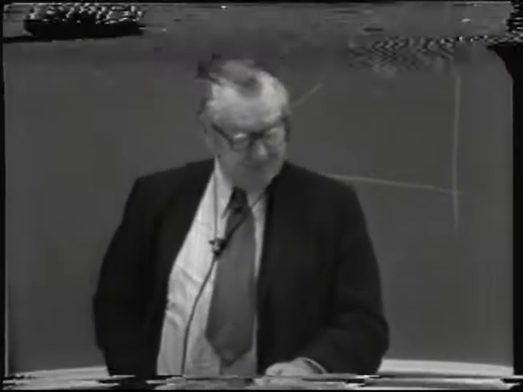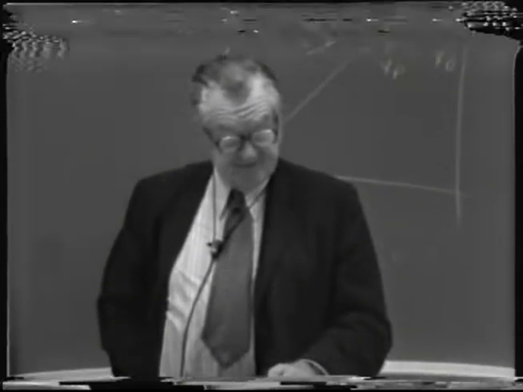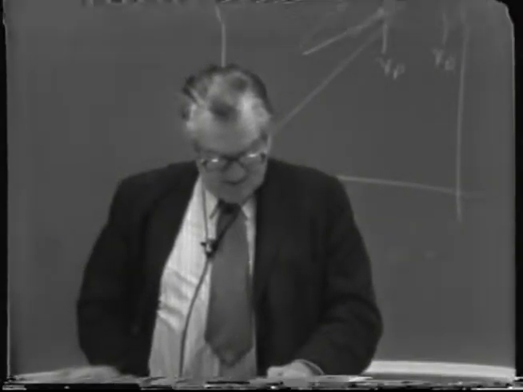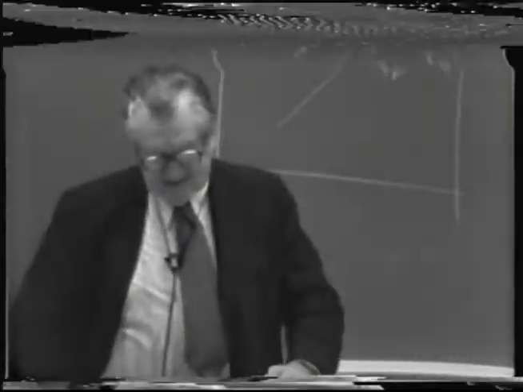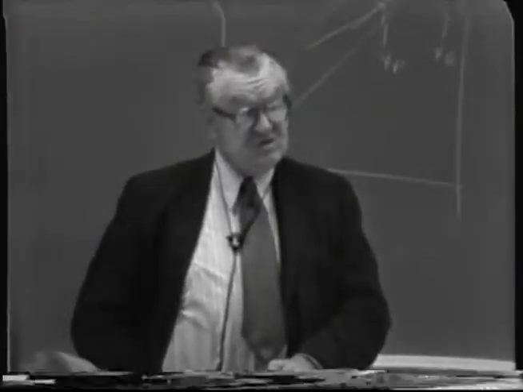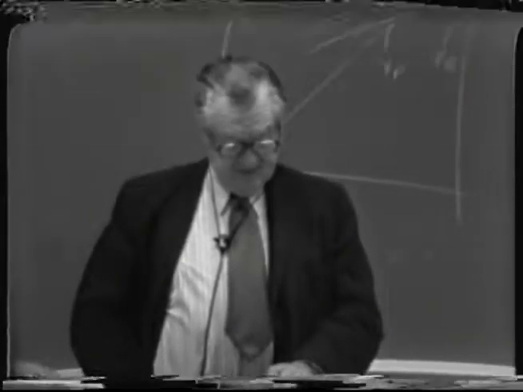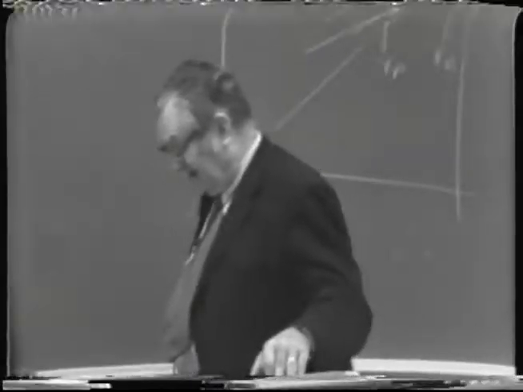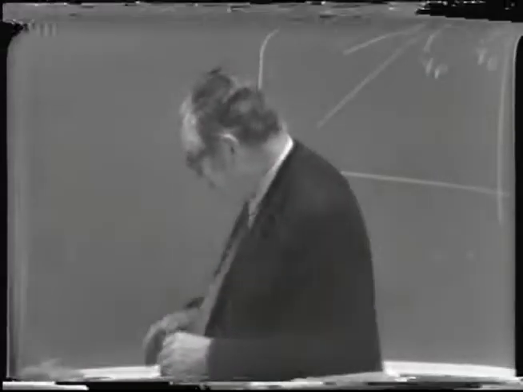The absolute temperature on a Fahrenheit scale, on the absolute scale using the Fahrenheit scale, or degrees Rankine as it's called, is equal to degrees Fahrenheit plus 460. In other words, 32 degrees Fahrenheit is 492 degrees Rankine.